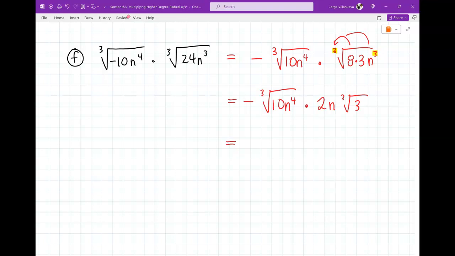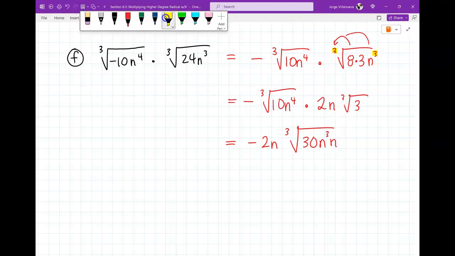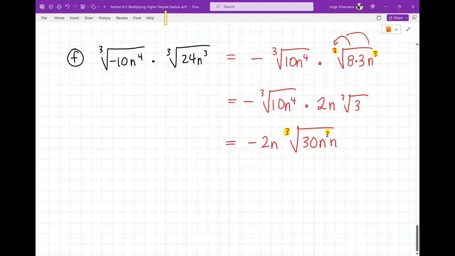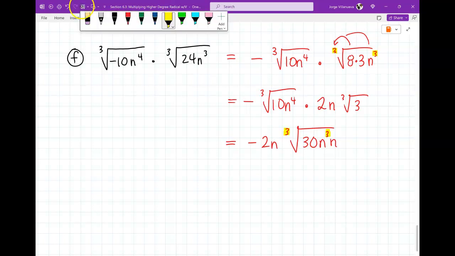Negative 1 times 2n, that's negative 2n cubed root of 30 n cubed n. Notice, I know it's n to the fourth, but I'm going to go ahead and break it apart right now. So I know that n is going to come out. What about 30? Can I simplify 30 in any way to get a cubed root?